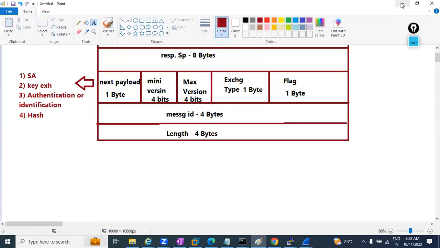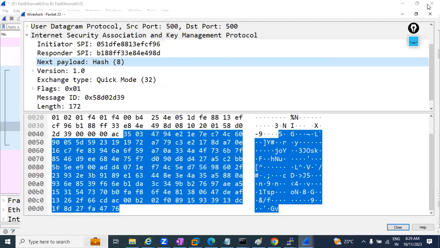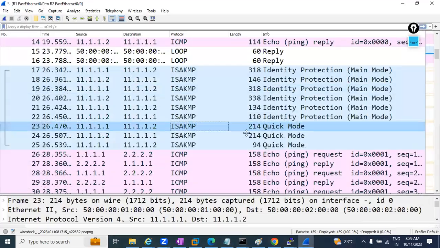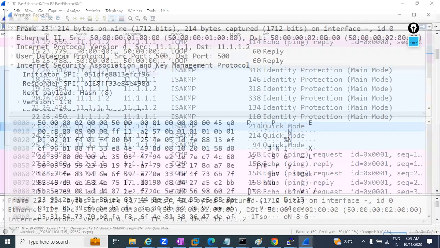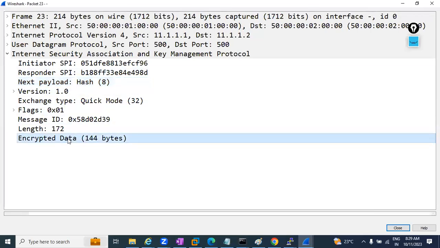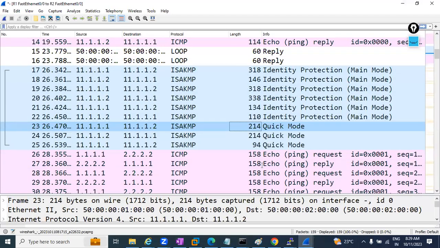Here we can see the next payload value would be hash, but we won't be able to open anything, because the data has been encrypted. Which packet onwards, guys, would actual encryption start? Can you tell me?